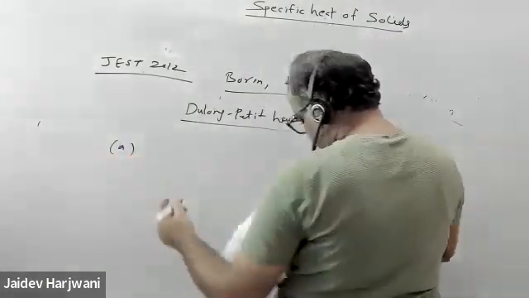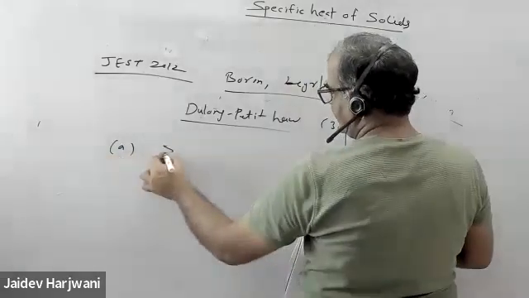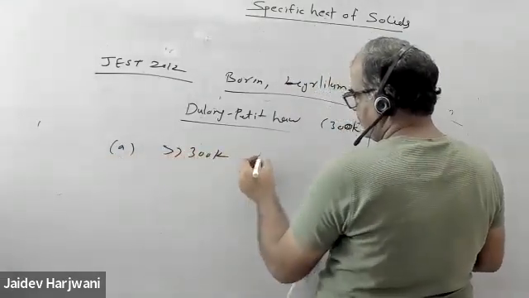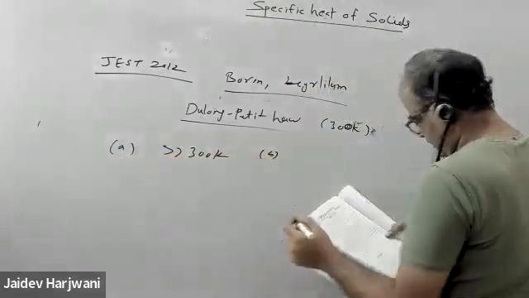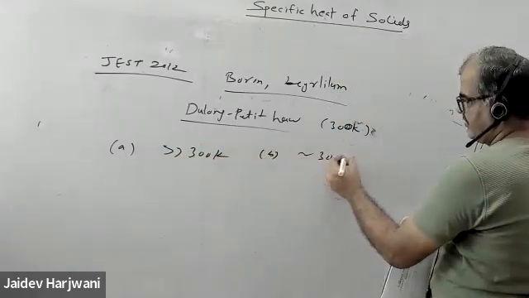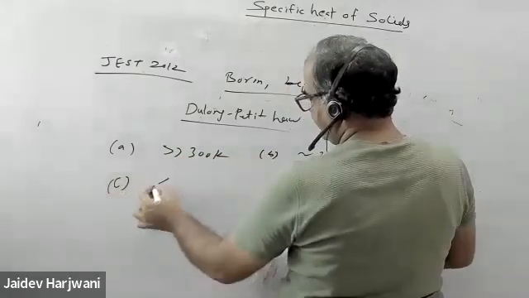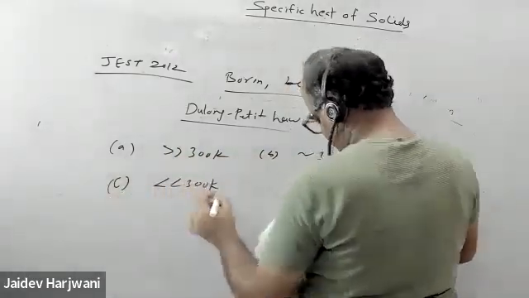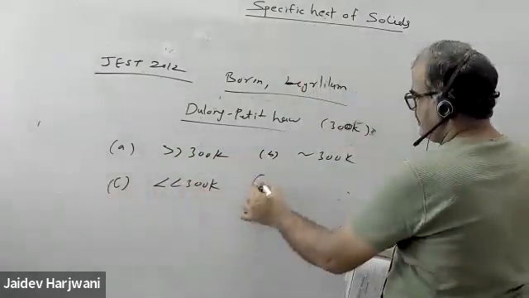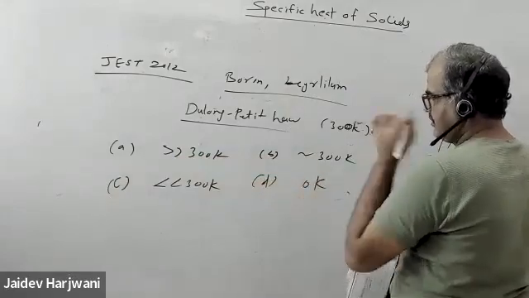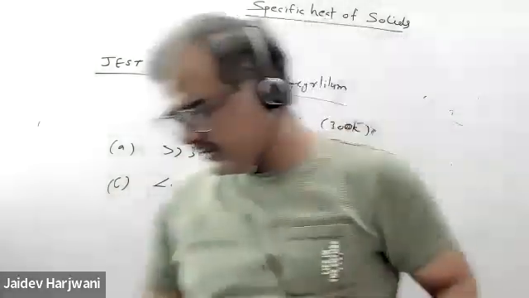A, the Debye temperature is greater than 300 Kelvin. B, it is equivalent to 300 Kelvin. C, less than 300 Kelvin. D, 0 Kelvin. What should be the answer?